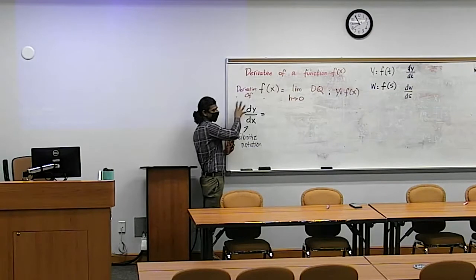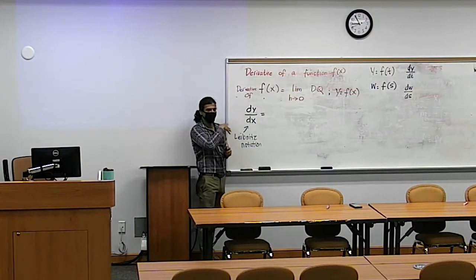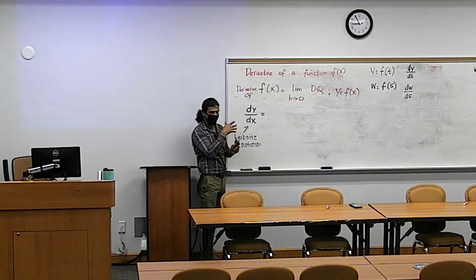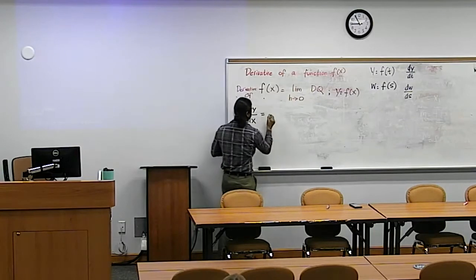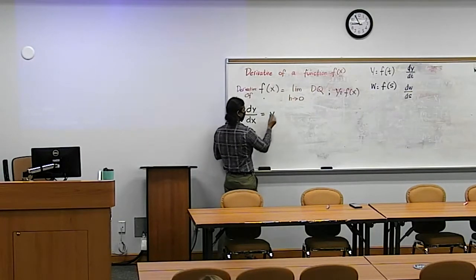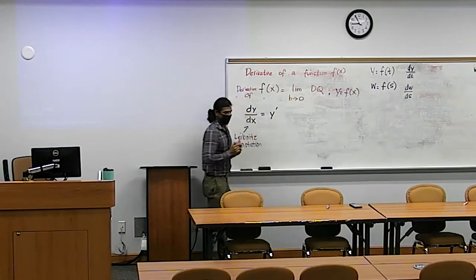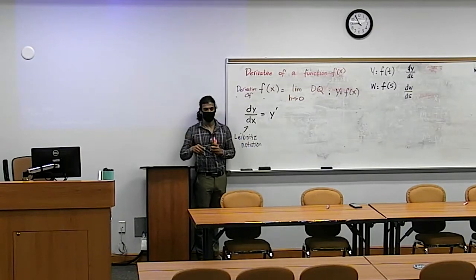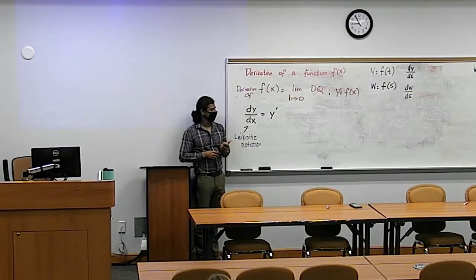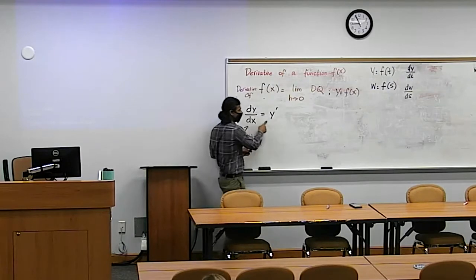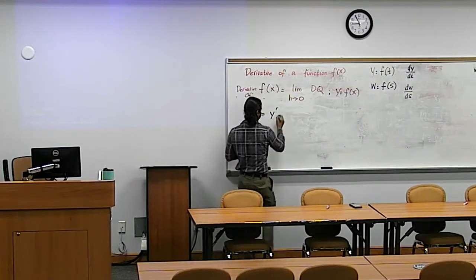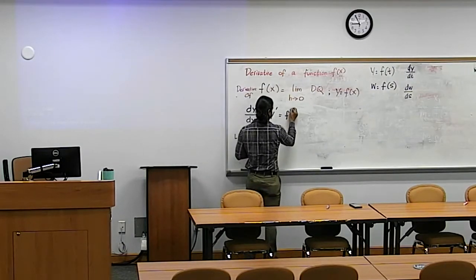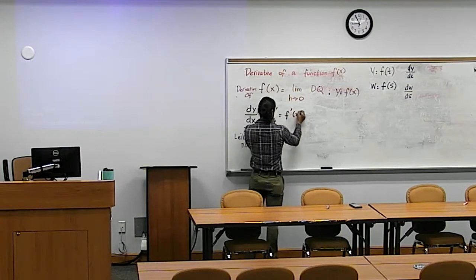This is too much to write. Do you agree? Each and every time writing that. So we can write this as y and put a tick on top. It's y prime. Good. It's the same thing, but we know y is f of x, so you can also write it as f prime of x.